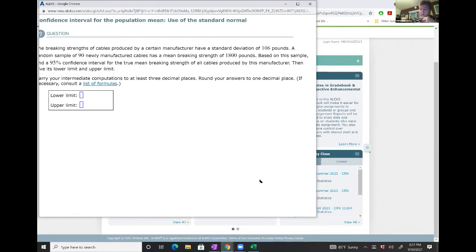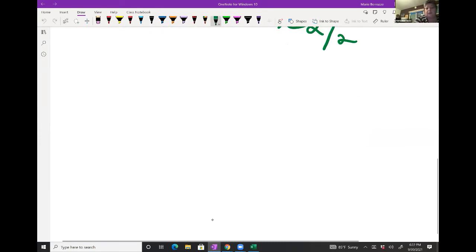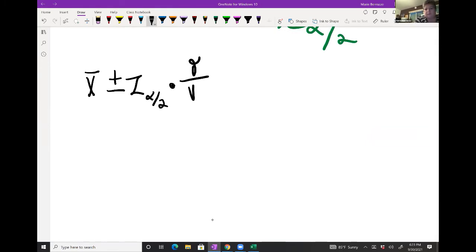Okay, so let's do this together. I'm going to work it out with you. Let's go to our formula sheet here. This is going to require the mean plus or minus the critical z-value times the standard deviation over the square root of n.